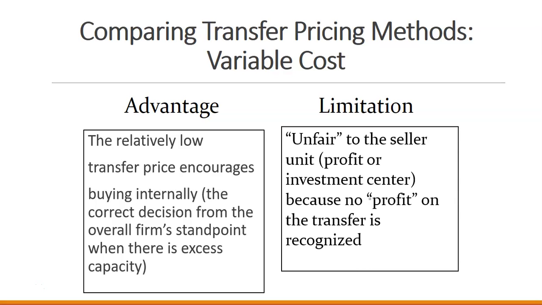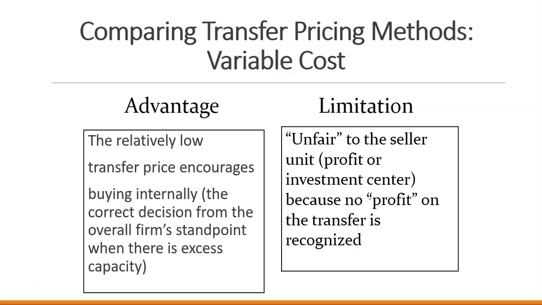When we look at the advantages and the disadvantages of the various pricing models, using the variable cost gives a low transfer price. It encourages our organization to buy internally and not look outside the firm. This is advantageous to us when there's excess capacity.